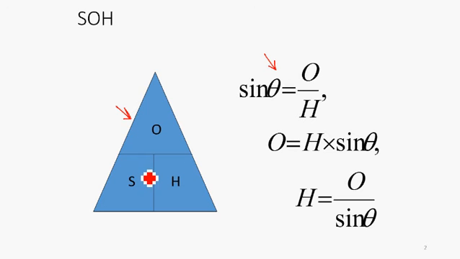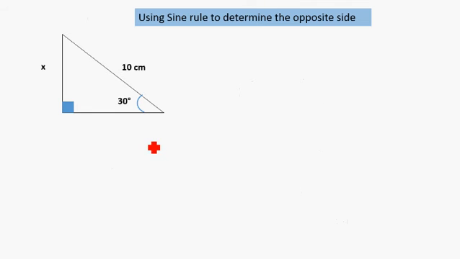Just to remember, the labeling in the triangle is always clockwise: sine, opposite, hypotenuse.